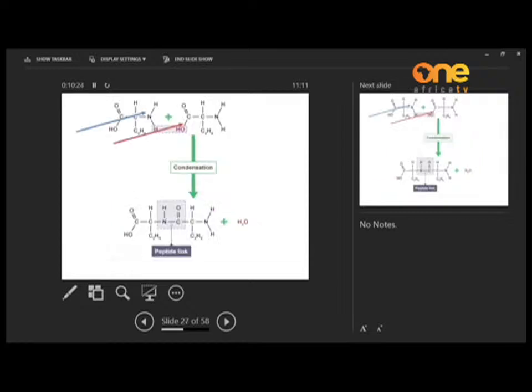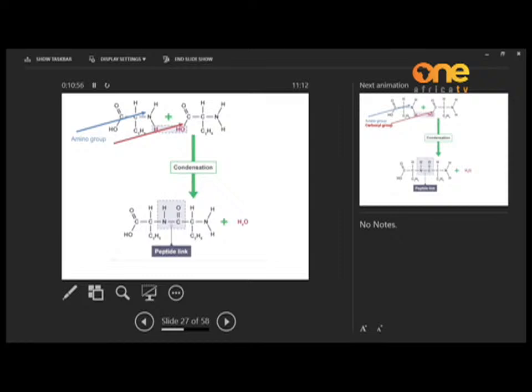We do understand the elements, and now, if I want to link two amino acids, I need to go to the amino group and to the carboxyl group. OH and H will form water, you see, and there I can see condensation takes place.